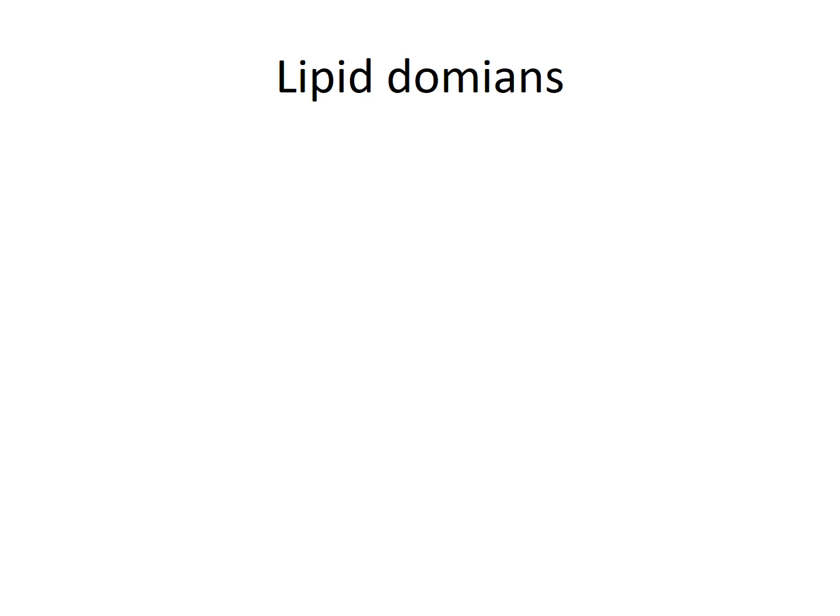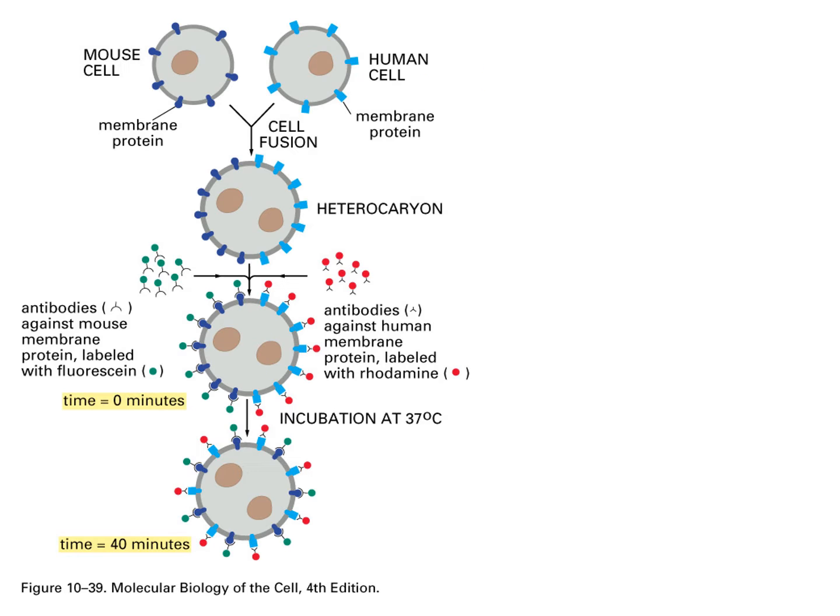Okay, so we talked a little bit about labeling, sidedness, and protease protection, figuring out what's on the surface, what's peripheral, what's trans, what's cytoplasmic, all that here. And this is kind of that same concept where you fuse a human and a mouse cell.